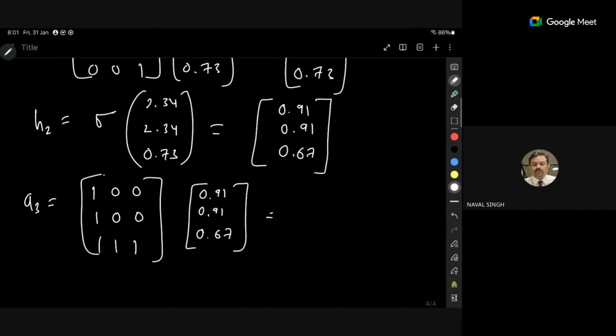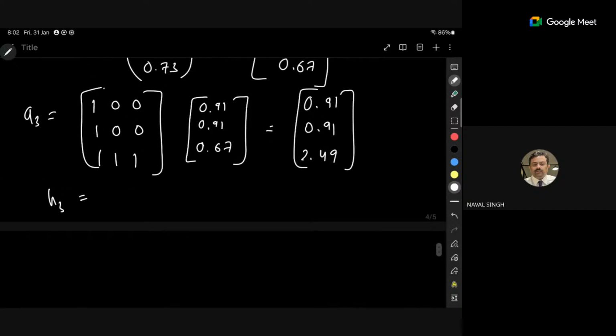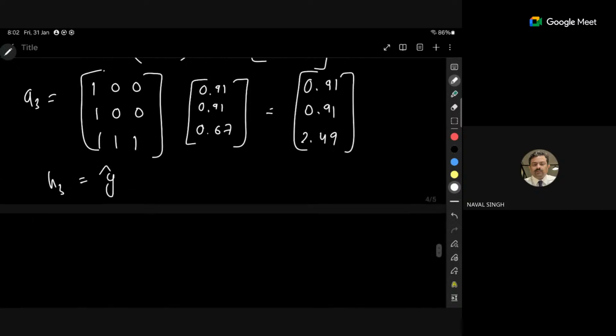Now I'll do this matrix multiplication, and then 2.49. Then we'll find H3, or you can call it y hat also.